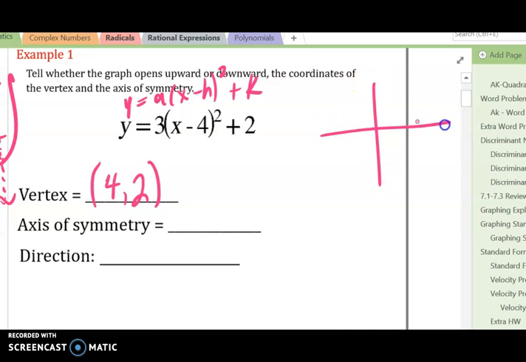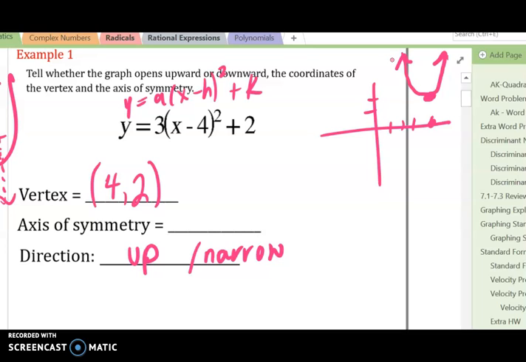If I had to sketch this graph, I know this would go 1, 2, 3, 4 over and up 2. That would be my vertex. And since the direction of my graph is going to be up and it's going to be more narrow than it is wide, I'm going to draw that. Okay. If it was negative, it would flip down.